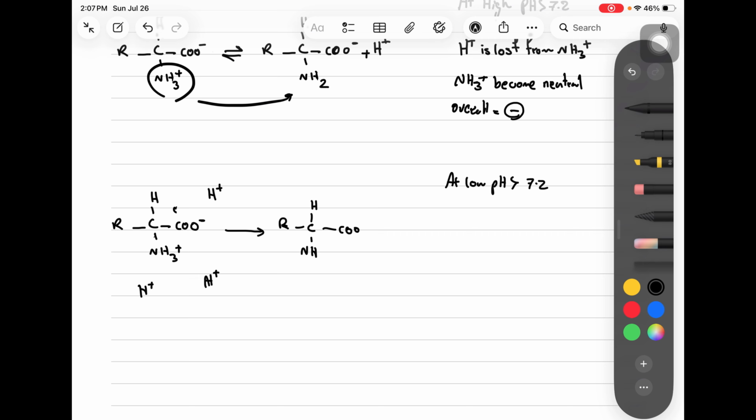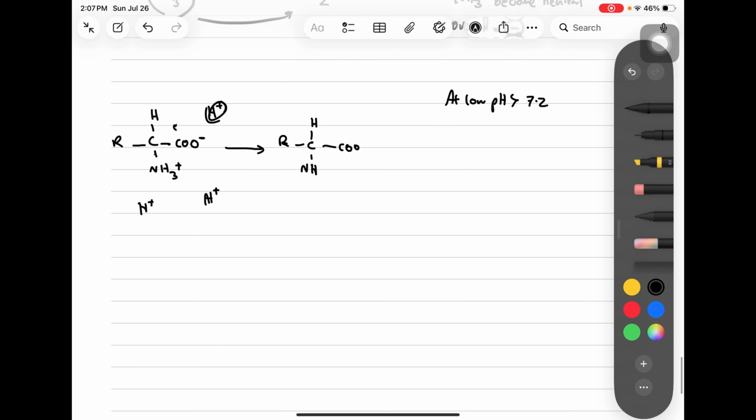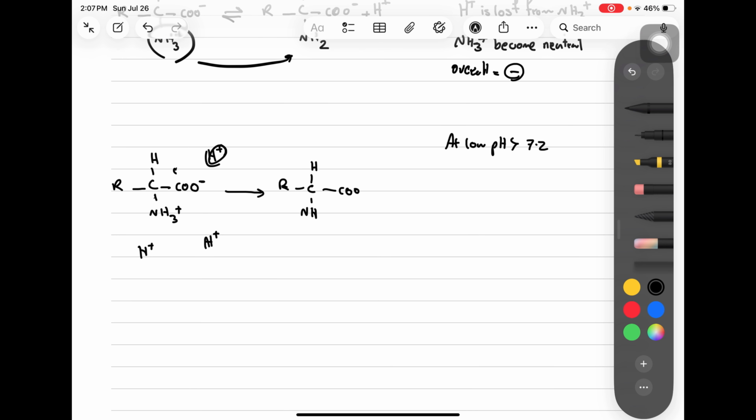So do you think the NH2 that we have, where would the proton, would they try to bind to the NH3 plus or the carboxylic group here? Obviously they would attach to the carboxylic group. So the carboxylic group would gain one proton here, and then the only group left now is the positive charge and the amine group.